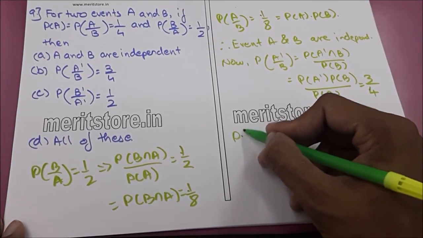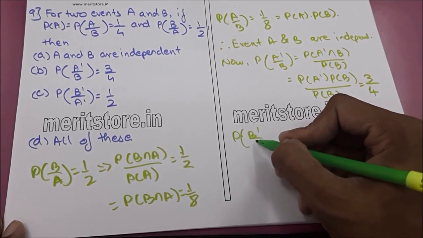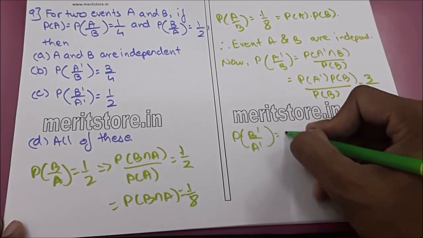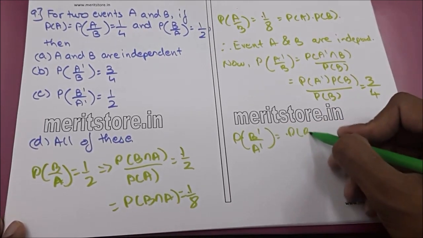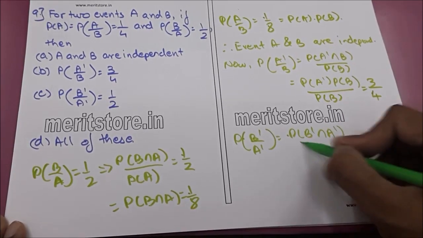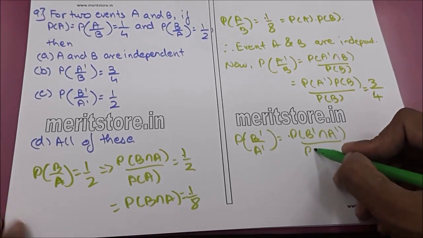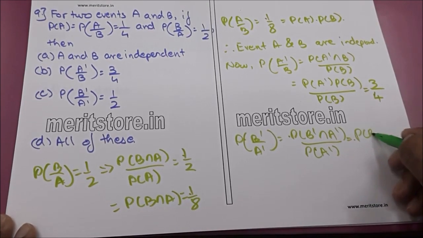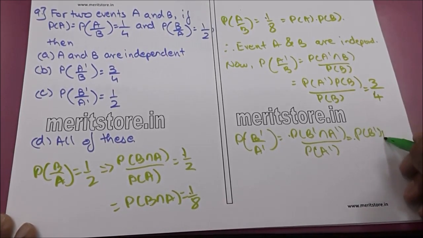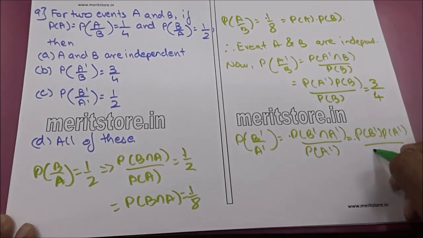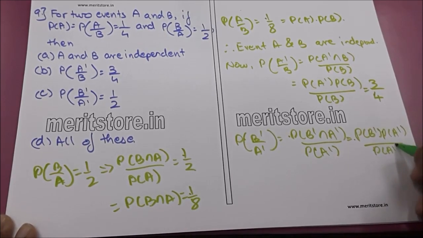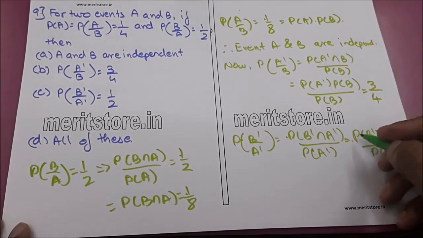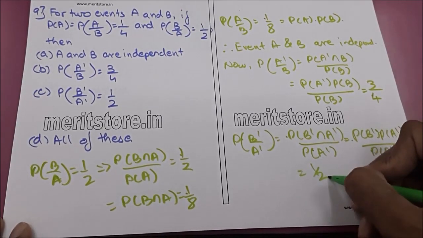And we can write this as P(B complement given A complement) is equal to this. We substitute the values, we get 1 by 2.